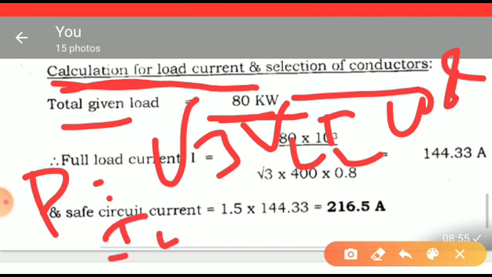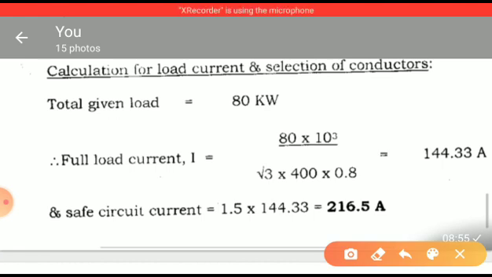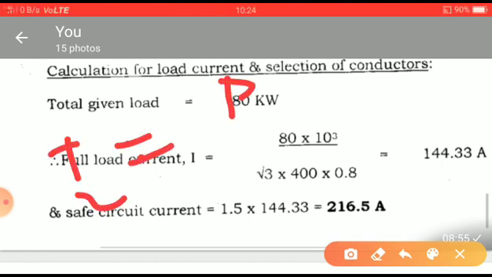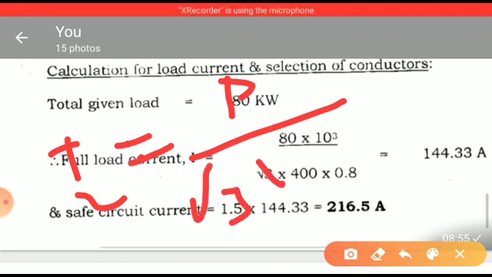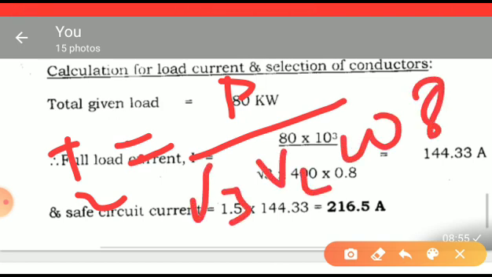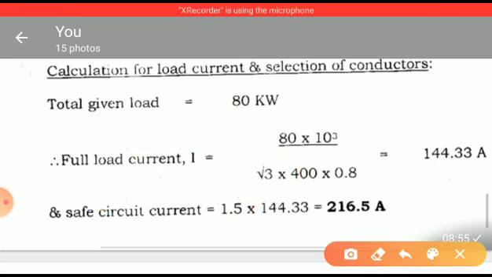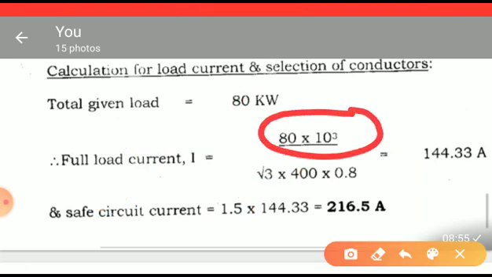So IL is P divided by √3 VL cos phi. P is 80 kilowatt, √3, the line voltage is 400, and the power factor is 0.8.